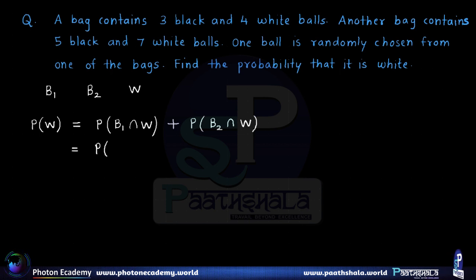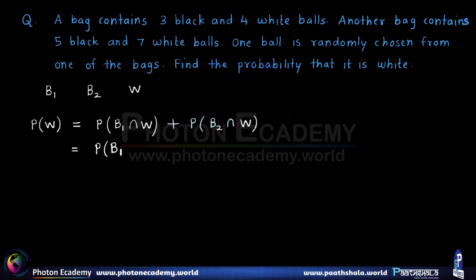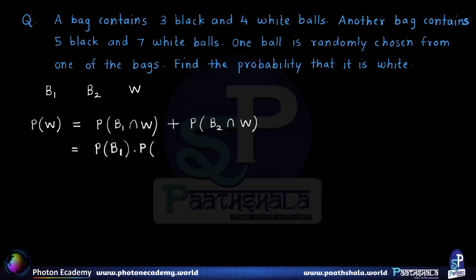So we first calculate the probability of bag 1, multiplied with, given that bag 1 has been selected, the probability that the ball selected from it will be a white ball. So here you have to write the conditional probability, the probability of white ball given that the first bag has been selected. So it is white given B1.